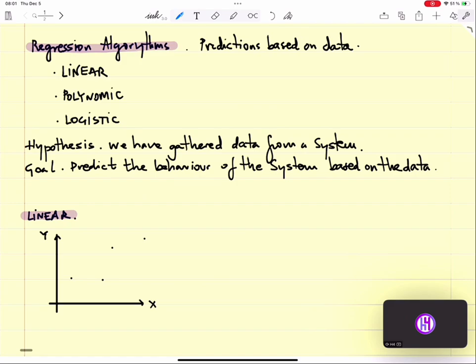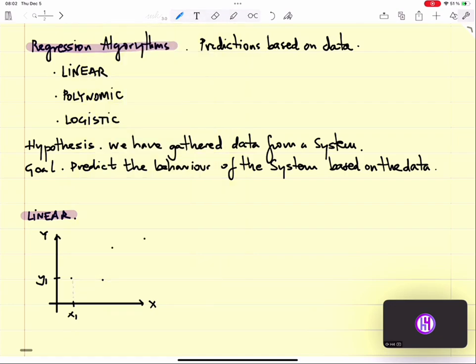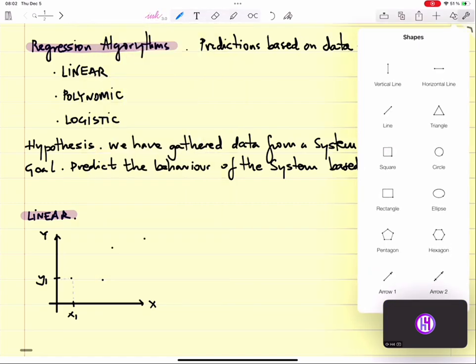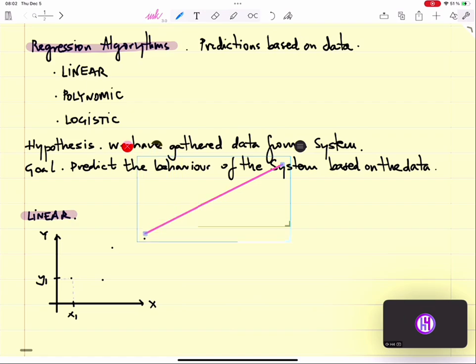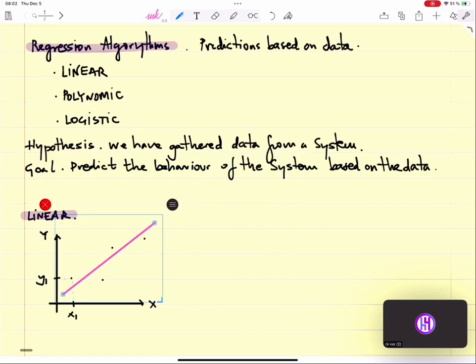Each data point has a coordinate x1, y1, and so on. So basically what we want is to find the line, this is the linear regression, that has the minimum distance to the points.